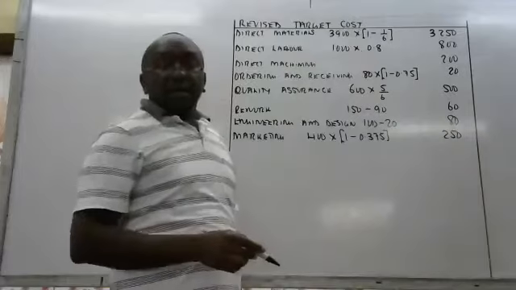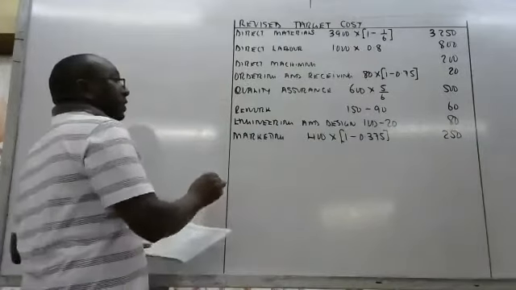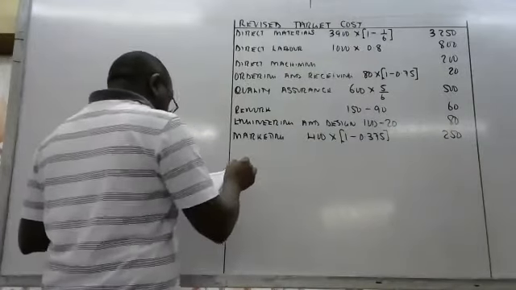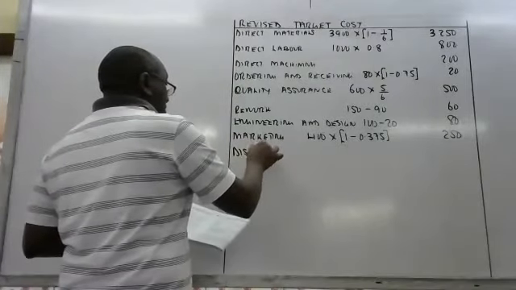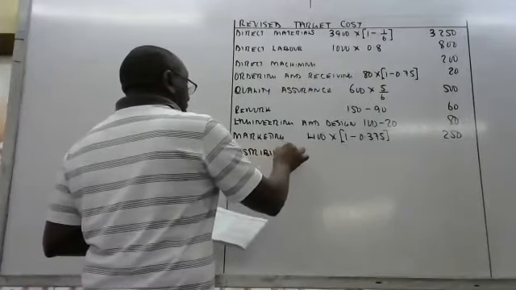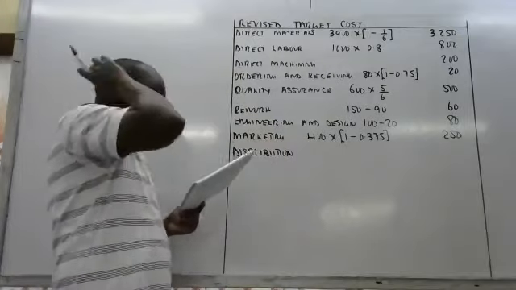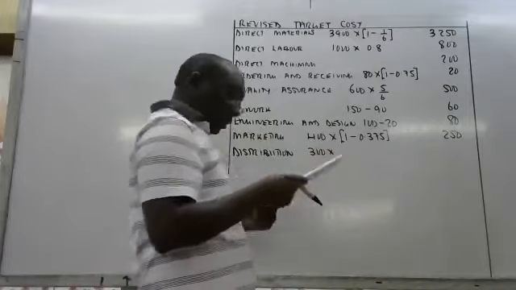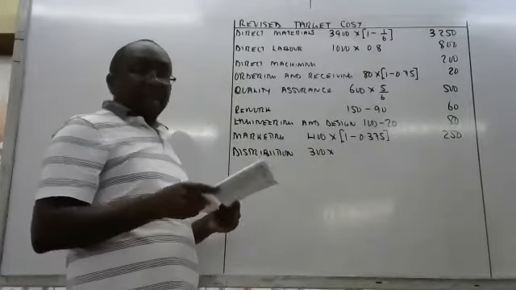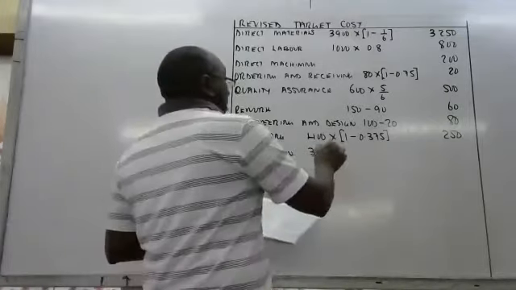Yeah, 250. And then distribution, we are given 300. And we are told it is reducing by that 3 1/3.